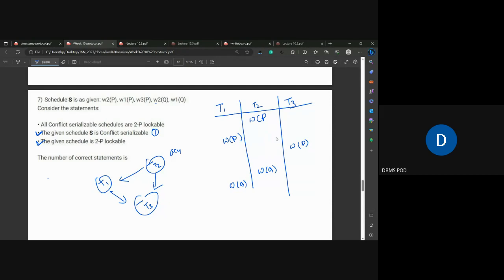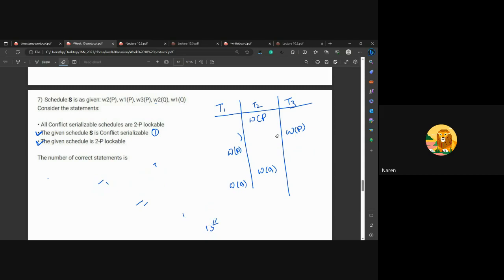So you have to draw the precedence diagram and check. Sir, why are we doing it only for P, not Q?